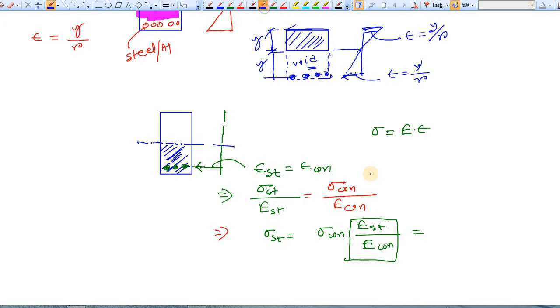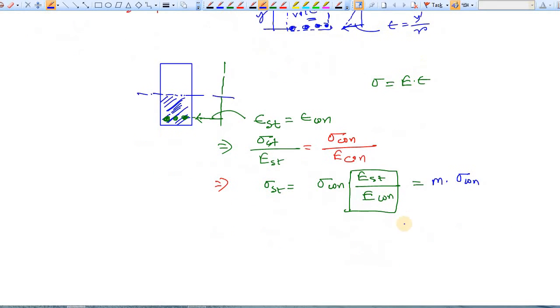So what is m? Simply, m times sigma concrete, where m is the modulus of elasticity of steel divided by the modulus of elasticity of concrete.